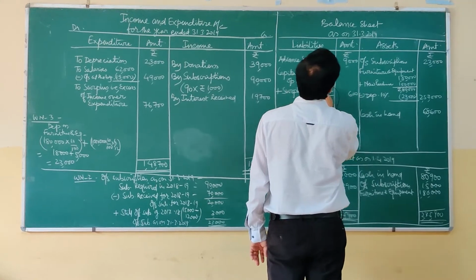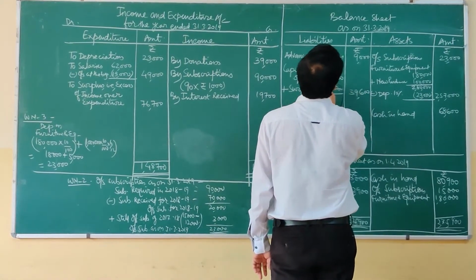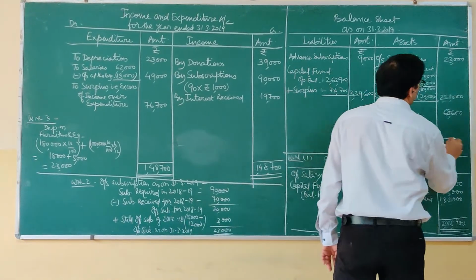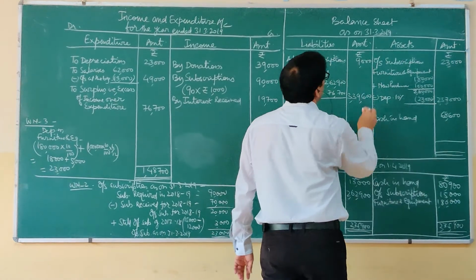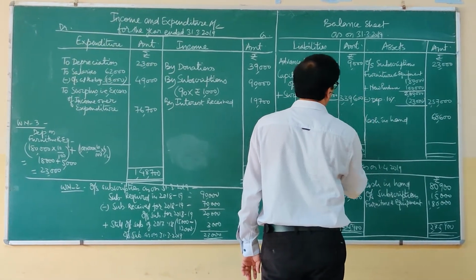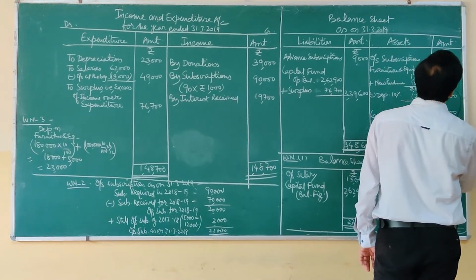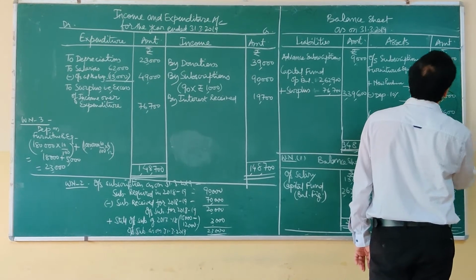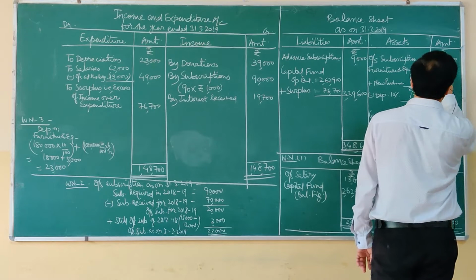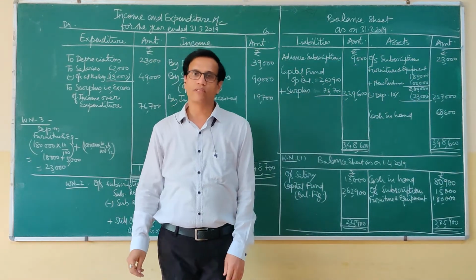Let us take the total. Here the total is 348,600, and here also 348,600. So this way it is solved.